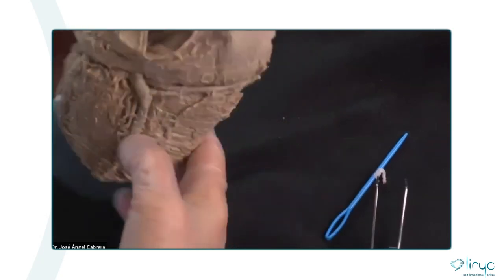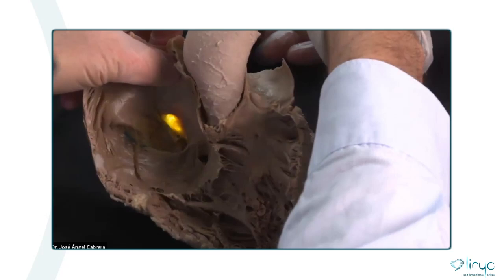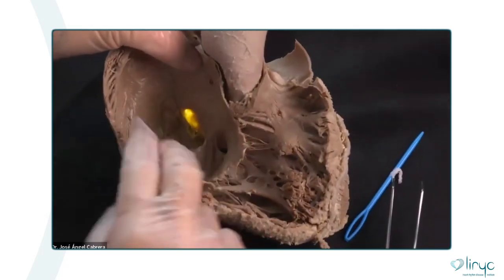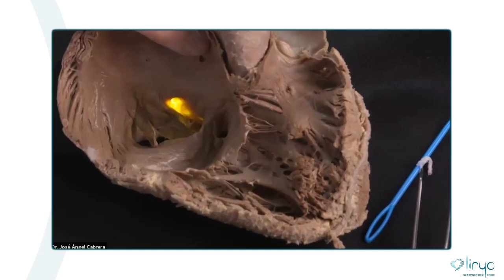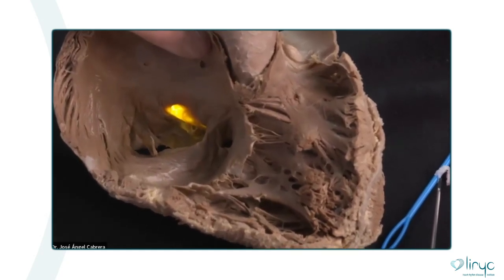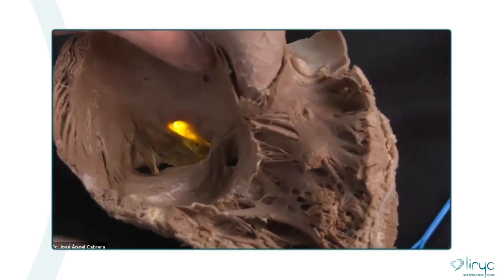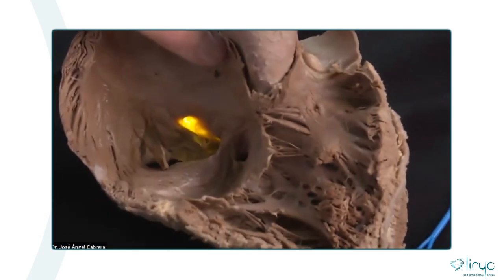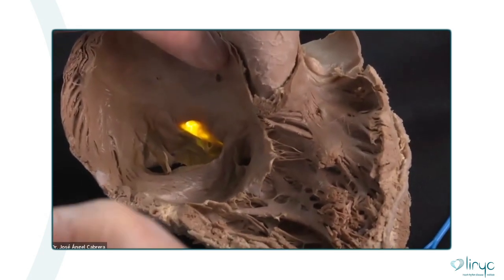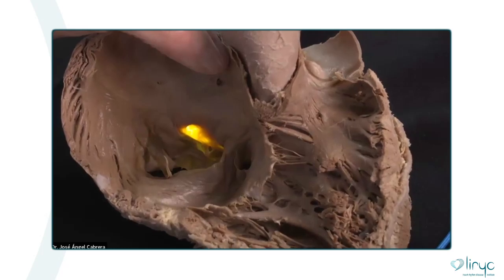Therefore, to identify the true fossa ovalis is crucial for electrophysiologists that are using a transseptal approach, or interventional electrophysiology, or interventional cardiology that are doing closure of the left atrial appendage, atrial fibrillation ablation, or mitral valve treatment.